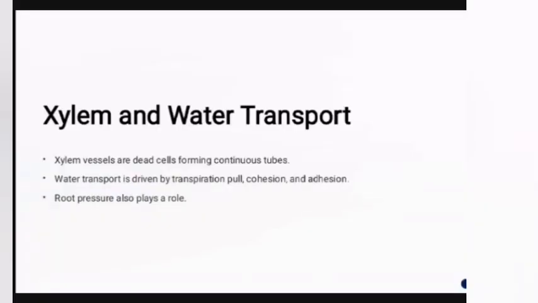I think I will start with cohesion and adhesion first, then I will explain transpirational pull. These are properties of water we are taught in chemistry in secondary school. Number one is cohesion: the ability of water to aggregate. Water molecules have this characteristic that when you drop them, they tend to bind together to form a lump.